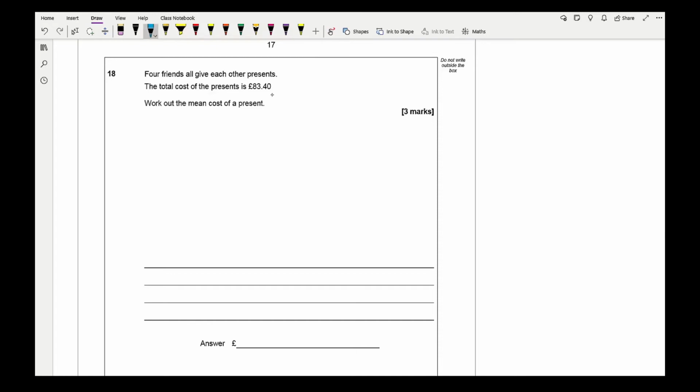So if we imagine that we've got one friend, here is another, and I'm just going to give each of the friends a different colour. And there we go. Now they're all going to give each other presents. So the green person is going to go. Now each line represents one present.